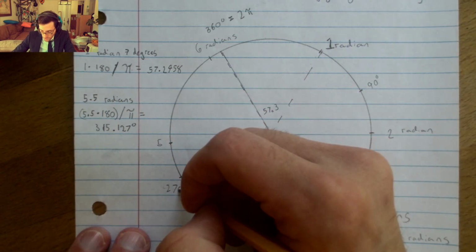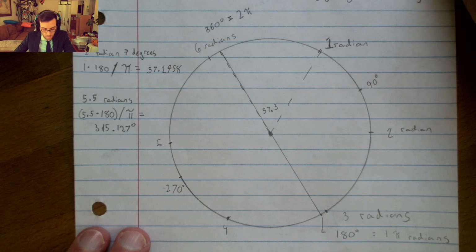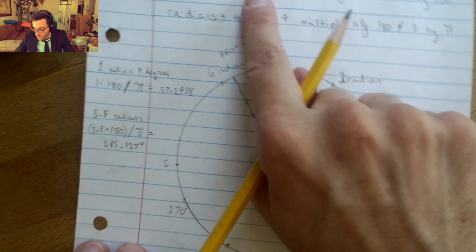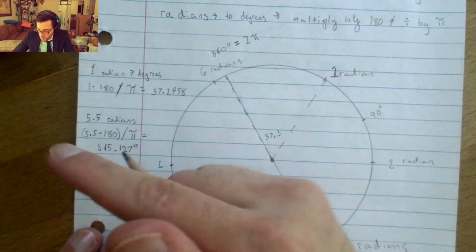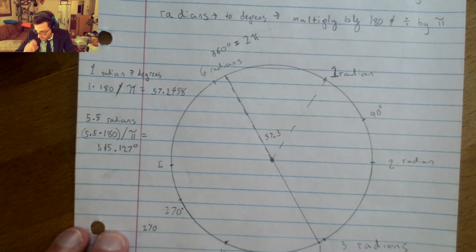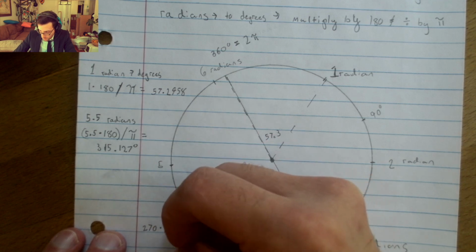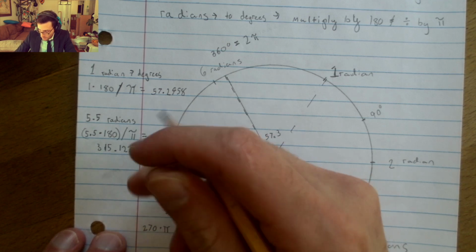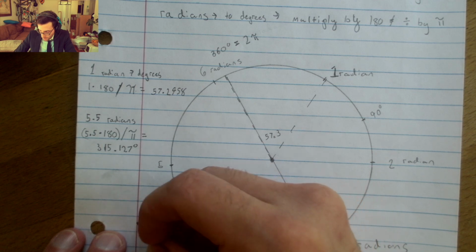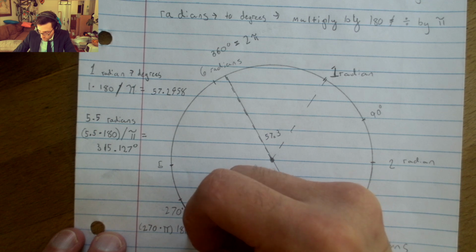Down here along the bottom, the number 270, what we're going to do if we want to convert that, we're going to take the value of degrees, 270. We then go ahead and multiply it by the number pi, and then we divide it by the number 180.